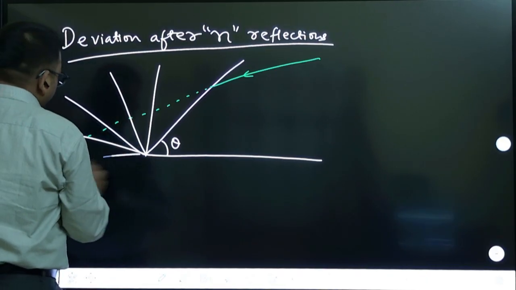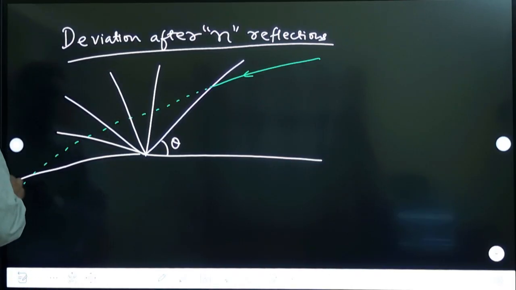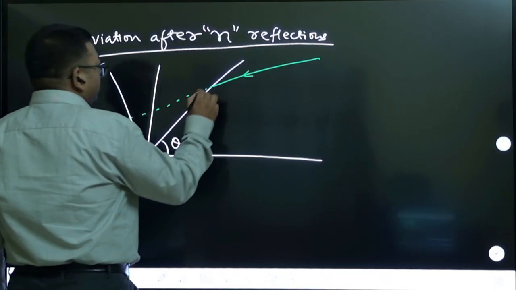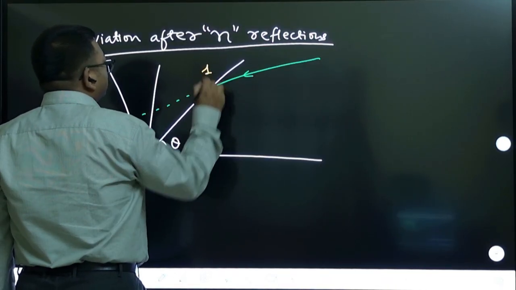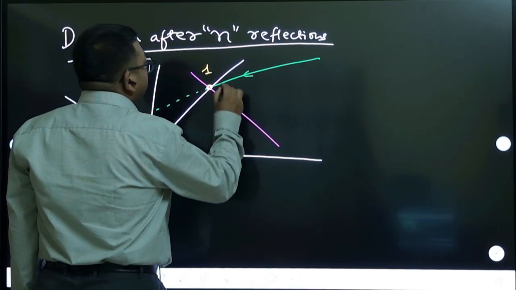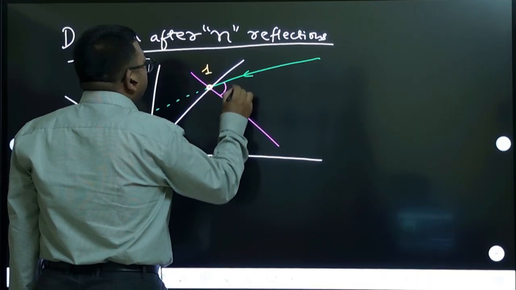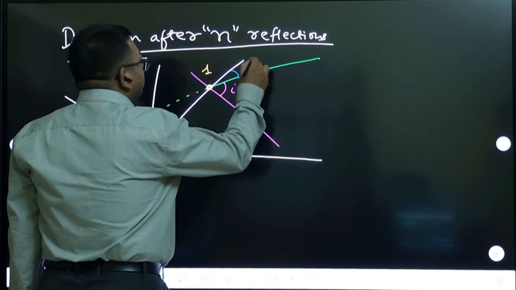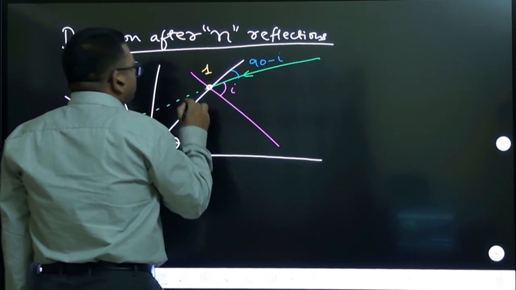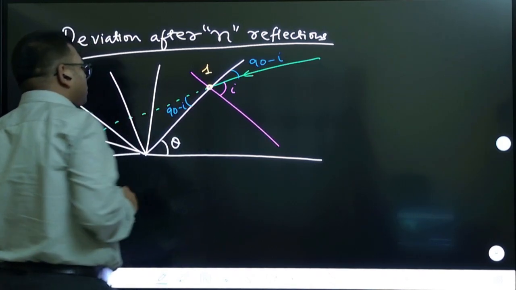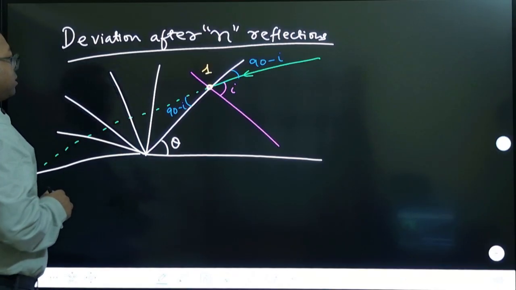We keep on taking all that, right? So now suppose I take this as the first reflection. Already I told that the angle of incidence will be given. So this angle I am taking as I with the normal, and this I have taken as 90 minus I. Okay, so like that we have to note.